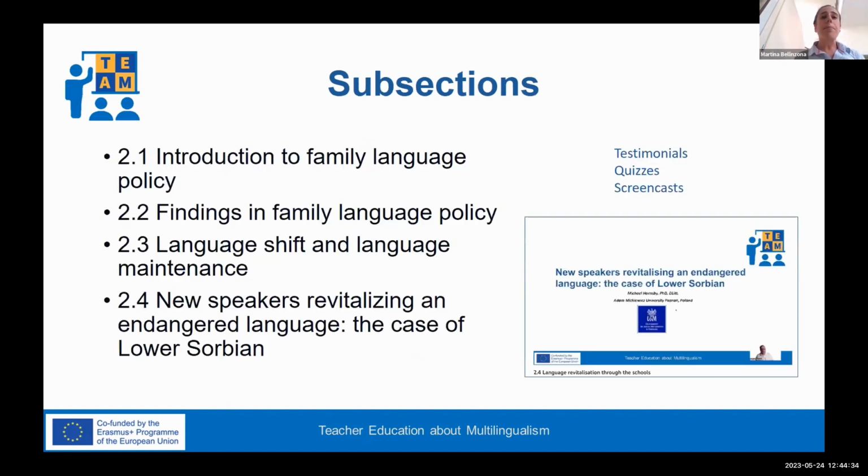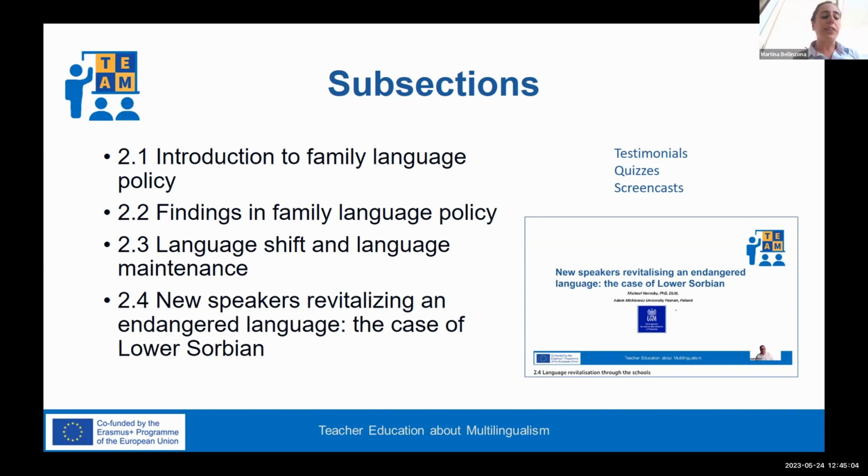To this end, first of all, the notion of family language policy is introduced with many testimonies from first and second generation immigrants. In addition to direct testimonies, references and reflections emerge from the most recent research on the subject, also and above all in relation to the factors capable of supporting language maintenance or, vice versa, leading to language shift. Also, case studies are presented here.